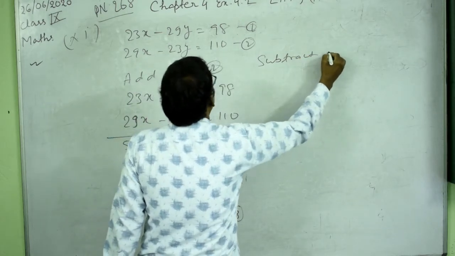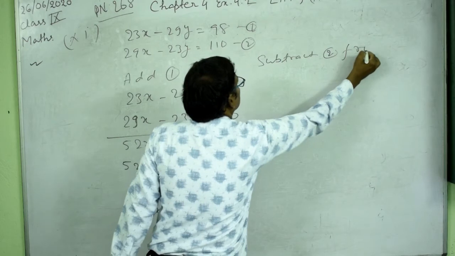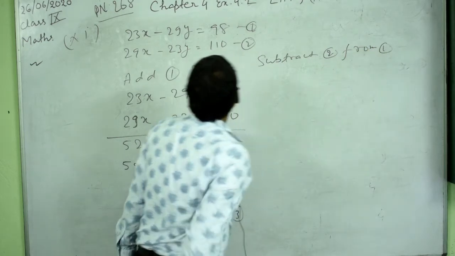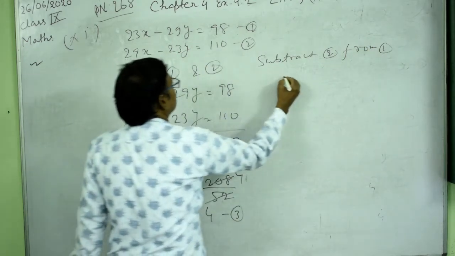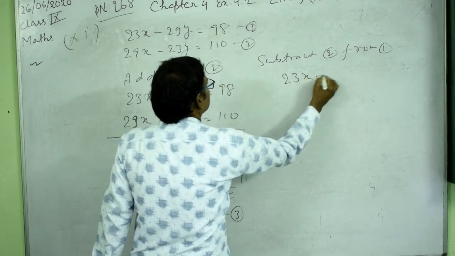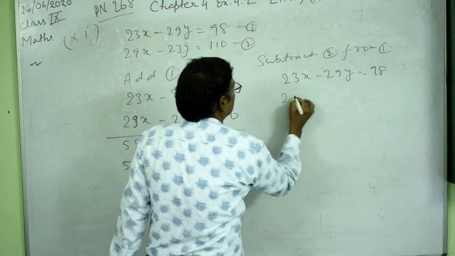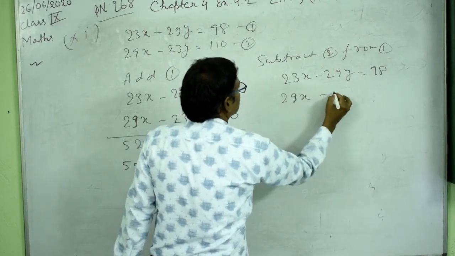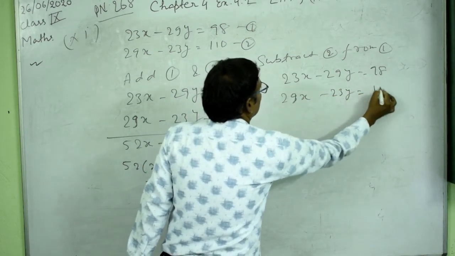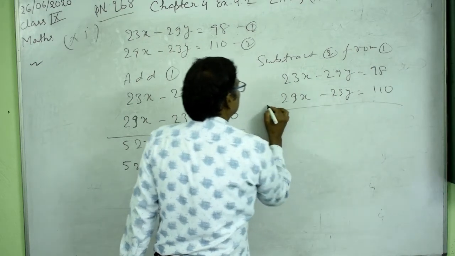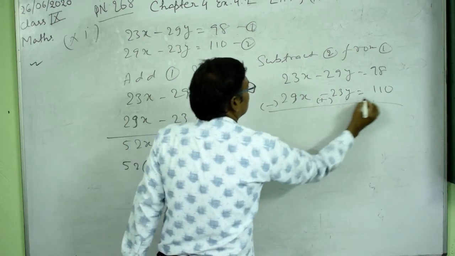Subtract 2 from 1, that is this minus this. So you have 23x - 29y = 98 and 29x - 23y = 110, then minus and plus and minus.